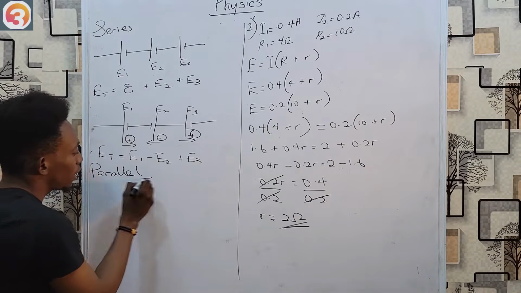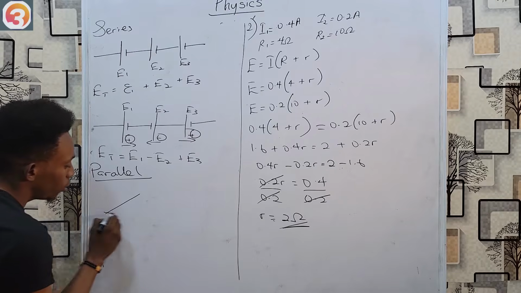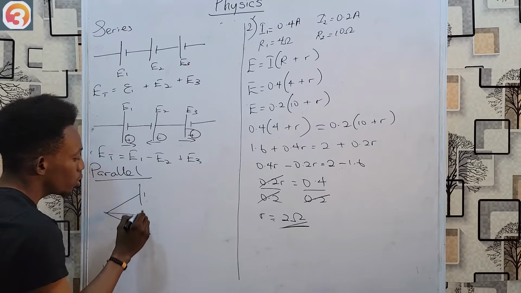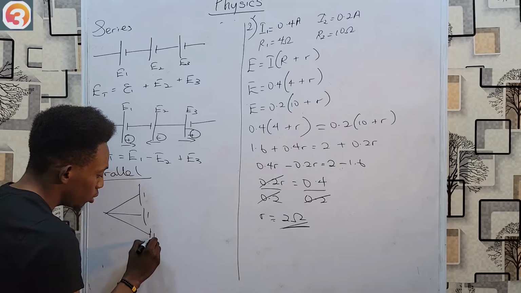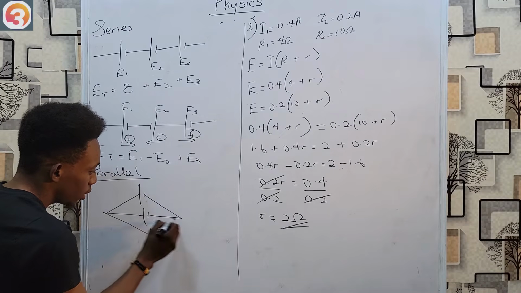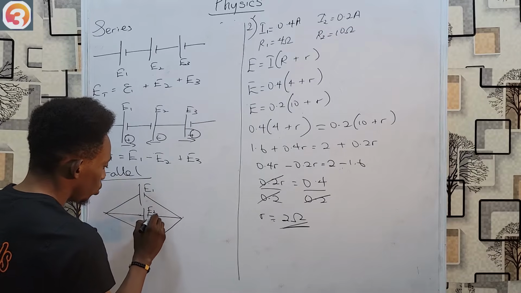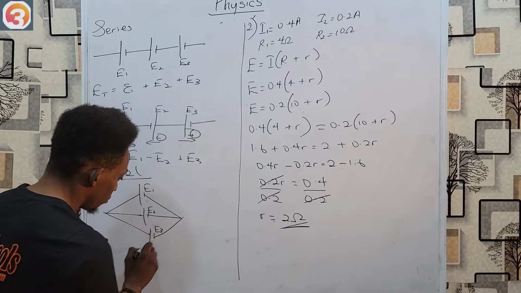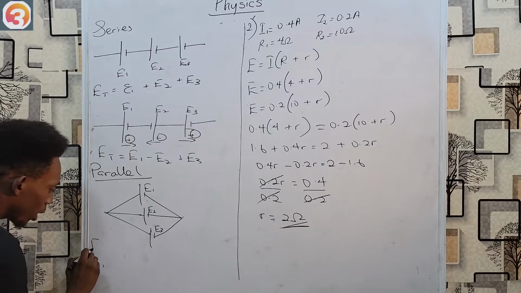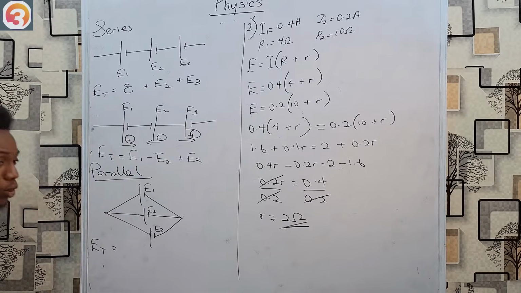Then if your cells are in parallel connection, what do you do? In that case, this is E1, E2, E3. Your total EMF is actually quite funny here.